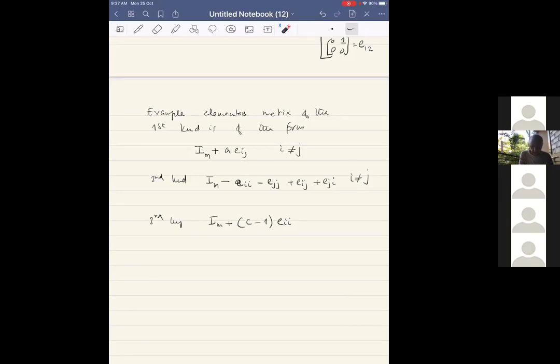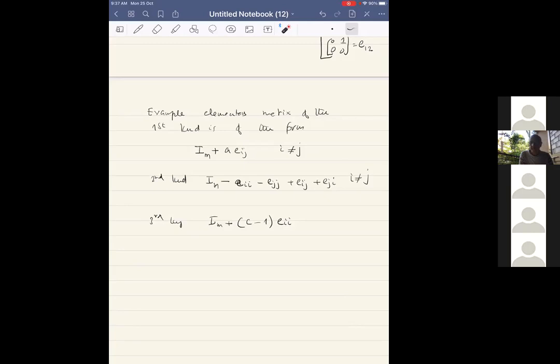How many elementary matrices of type 3 are there? Sir, m. There are m. And how many elementary matrices of type 1 are there? Because here ij will matter.